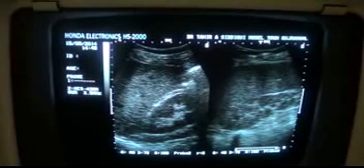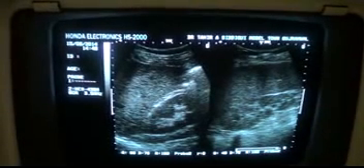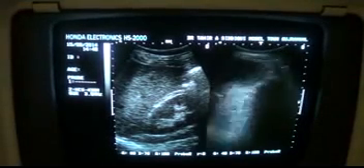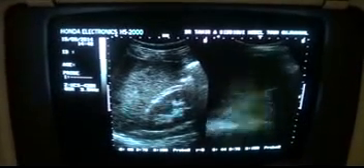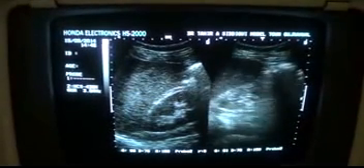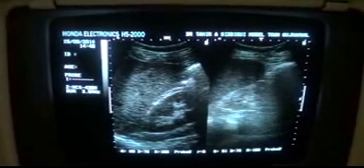Let's see the second kidney of the patient. Now this is the second kidney. What do you say now?